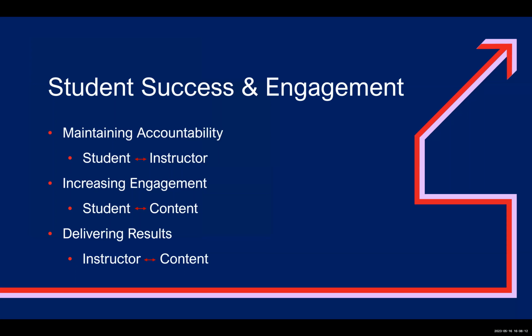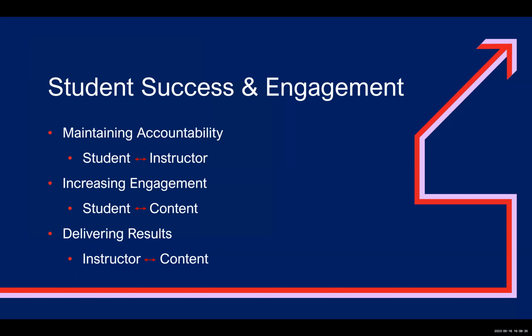Second, increasing engagement. That's the interaction between student and content, and figuring out how best to get students engaged in the content we're presenting. Finally, delivering results, which really is the instructor and the content. It's our choosing the right content, knowing the content, and making it relevant to students.